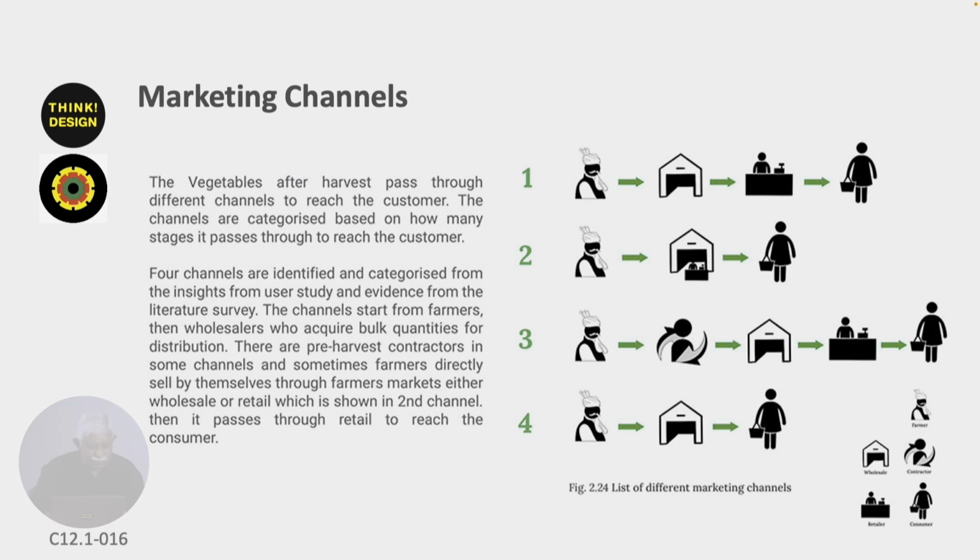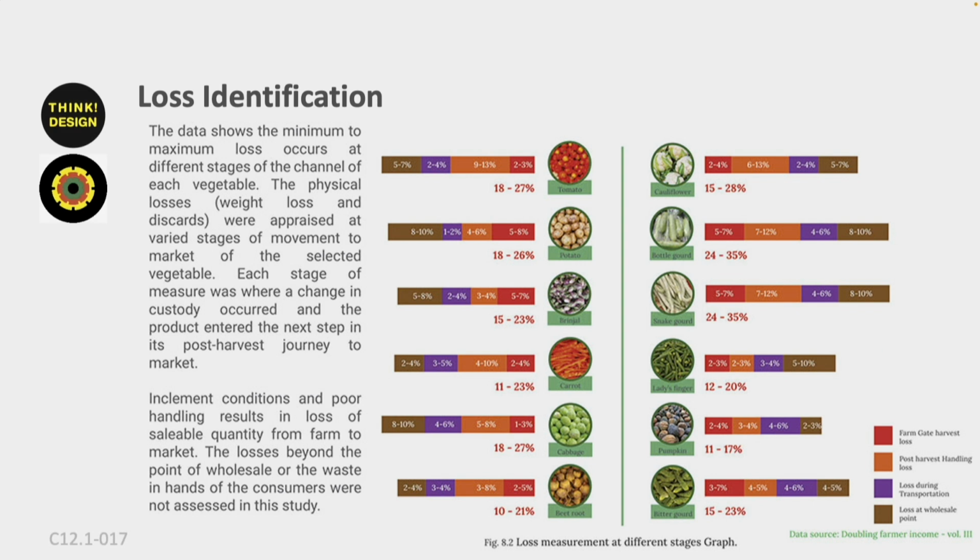There was also a study done to identify the kind of losses. It is different for different vegetables, because some can last long and some are sturdier. You can see that the red one denotes the losses. It shows the minimum to maximum loss at the different stages of the channel for each vegetable.